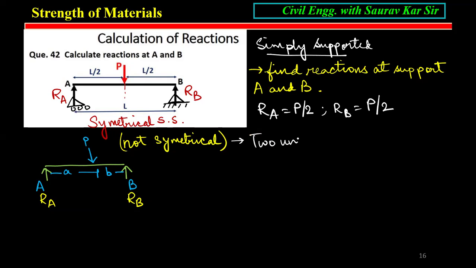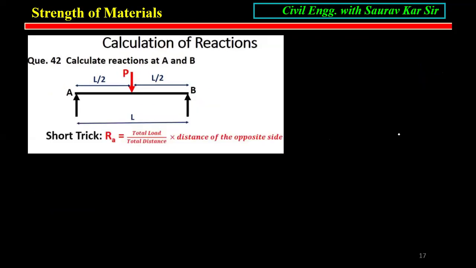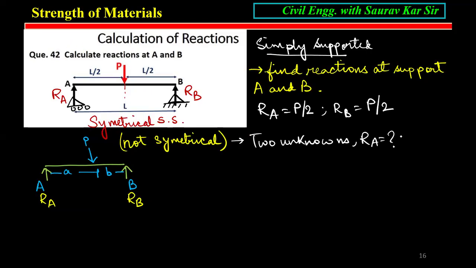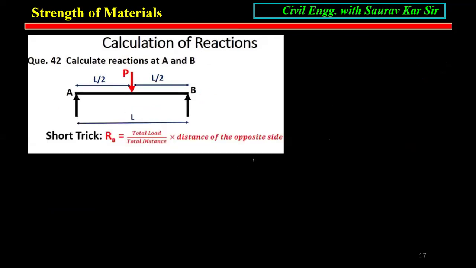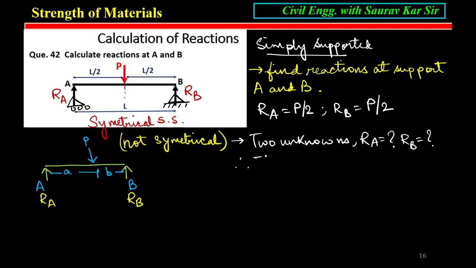Keep this concept in mind, very interesting and very easy. Two unknowns are there, RA and RB, reaction at A and reaction at B. So therefore, similarly, we need two equations.